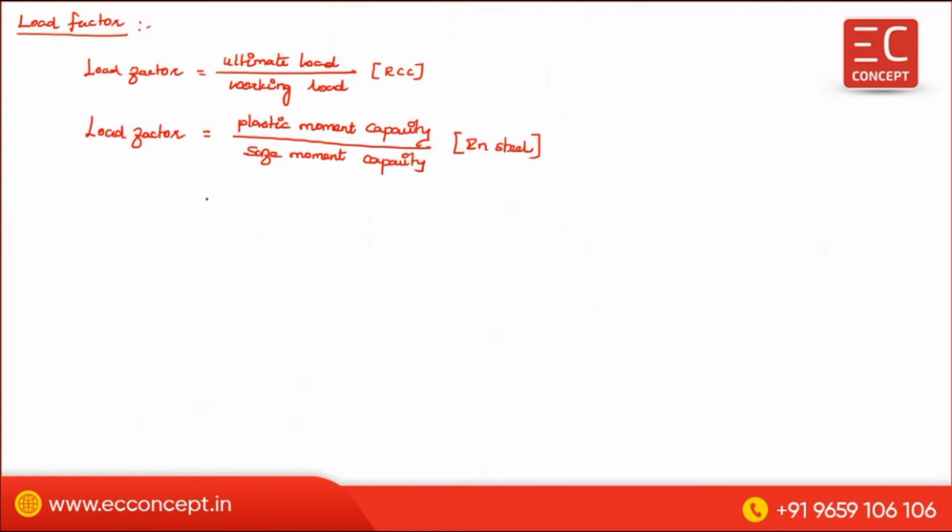So for the load factor, the plastic moment capacity is Fy into ZP, right? Safe moment is F, not Fy, so safe moment is F into Z. Now Fy divided by F, the yield stress divided by the permissible stress, we can write as the factor of safety.